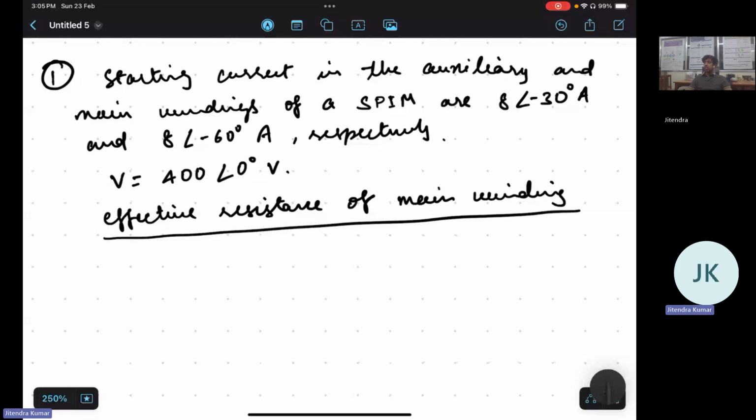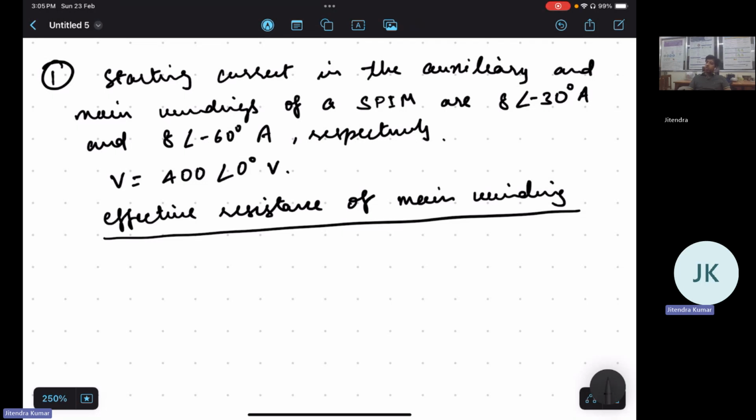So the problem is, the starting current of the main winding as well as the auxiliary winding is given, which for the main winding is 8 angle minus 30 degree amps and for auxiliary 8 angle minus 60 degree. Now, voltage of 400 angle 0 degree is applied.